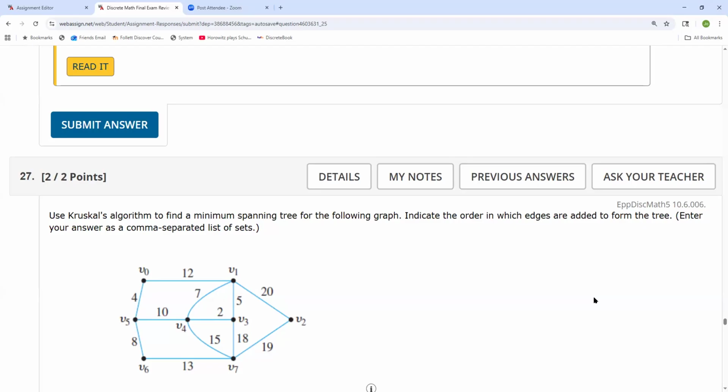And then the edges are 12, 4, 10, 2, 7, 5, 20, 19, and 13, and 8. Okay, I should be able to do it now. Okay, so let's stop this and start this.